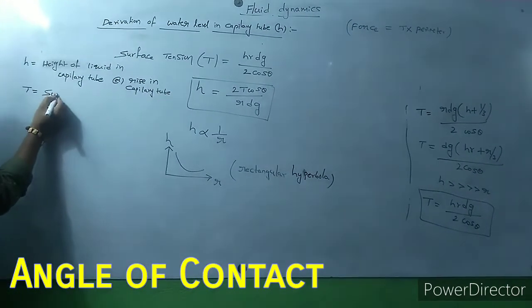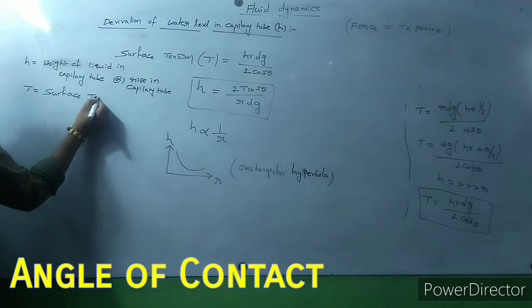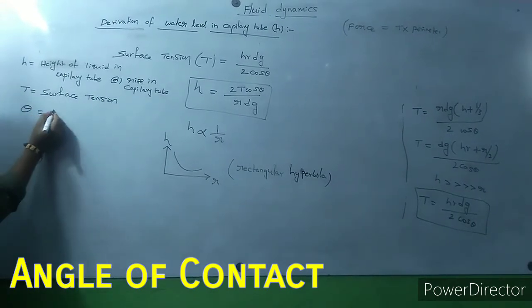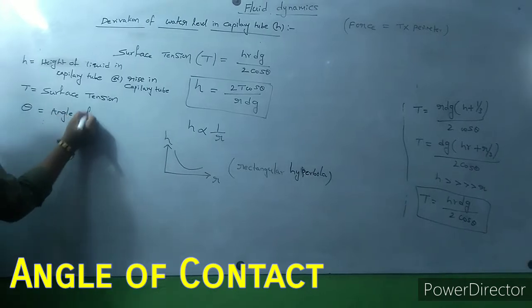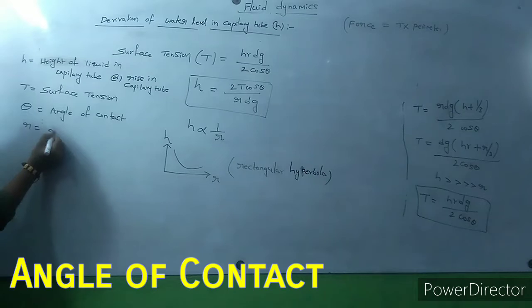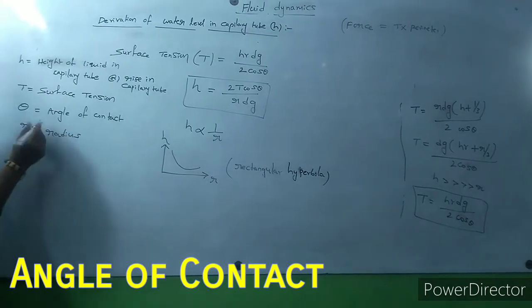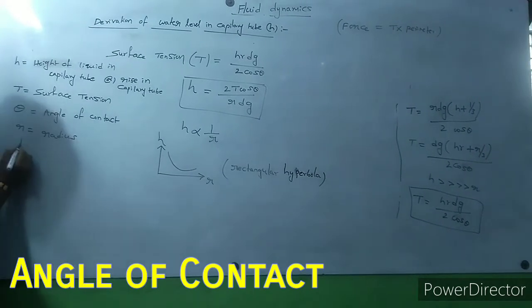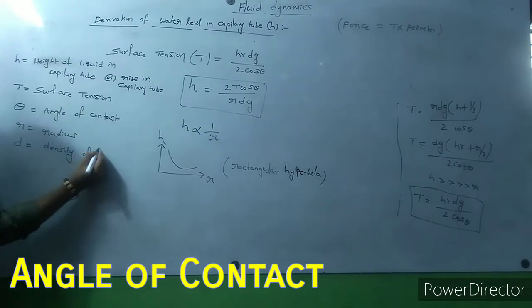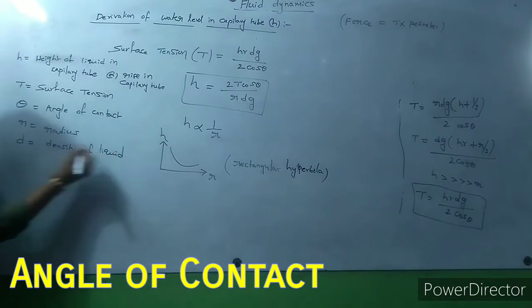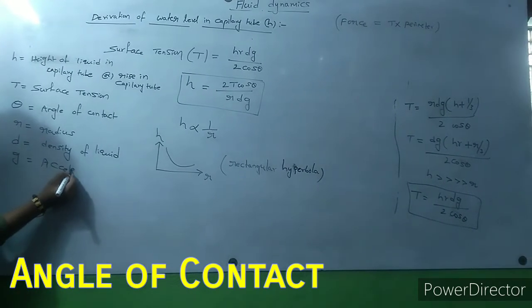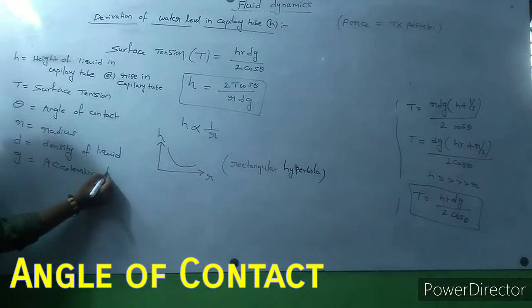T means surface tension. Theta means angle of contact. r means radius. d means density of liquid. g means acceleration due to gravity.